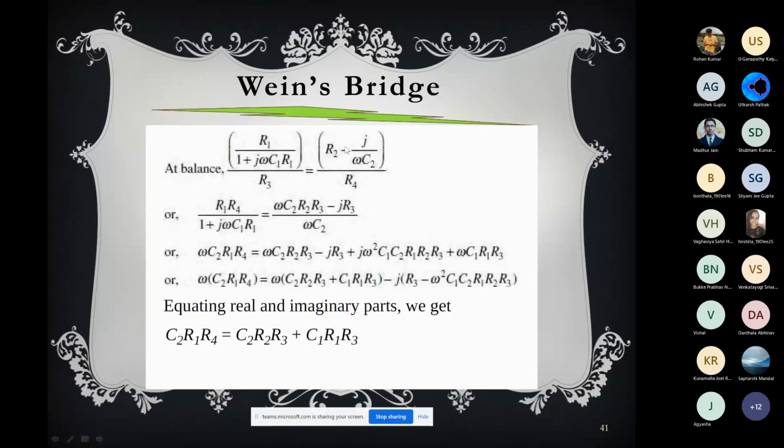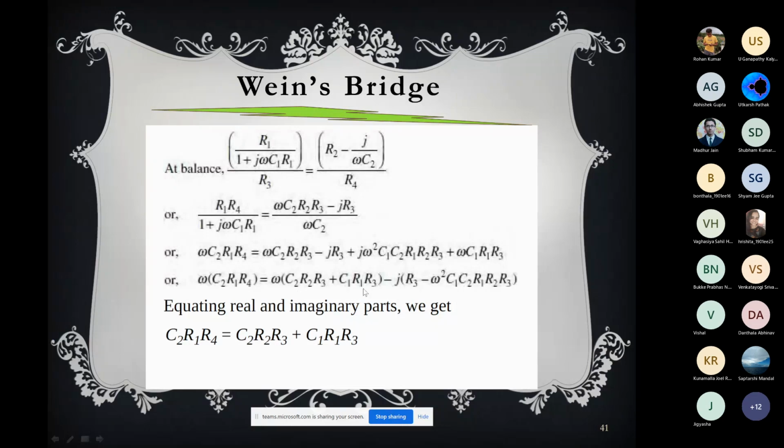Then you can multiply both terms, and we get this expression. Again you multiply numerator and denominator like this, and you get these whole terms. Then you can write it as a real part and an imaginary part, and equate the real and imaginary parts.